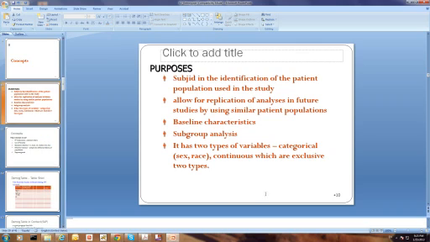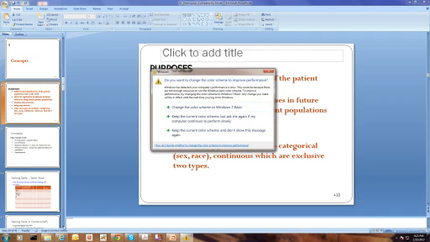Now, so these are very important for understanding the importance of the demographic table. And what else? What other concepts do we need to understand?